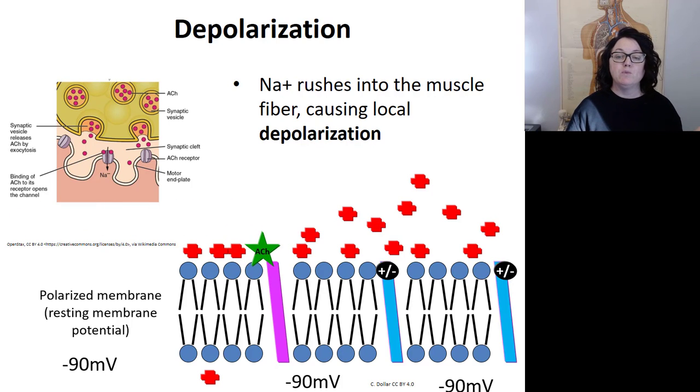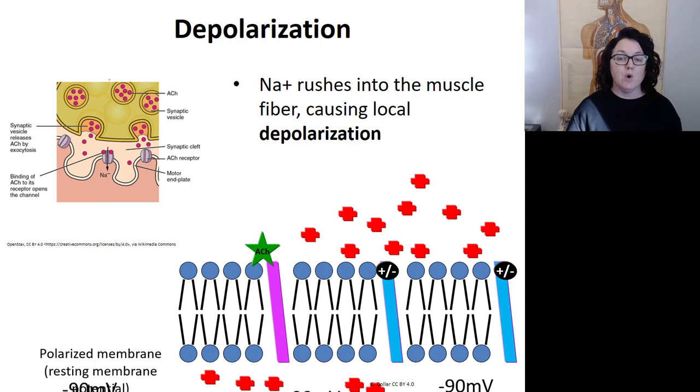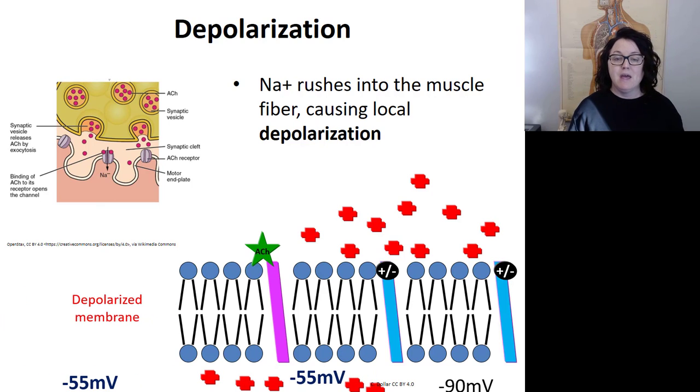The acetylcholine will bind to the receptor, opening it, allowing sodium to come in, and now we get a depolarization because that positive sodium coming in means we're adding that positiveness to the inside. So in this example, we went up to negative 55. That's a depolarization because negative 55 is more positive than negative 90.